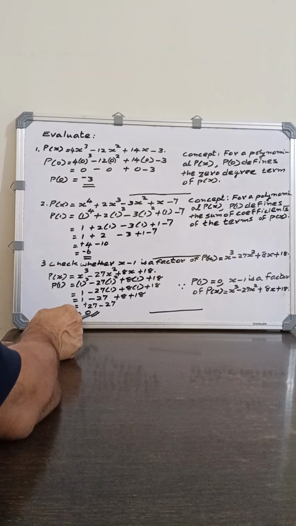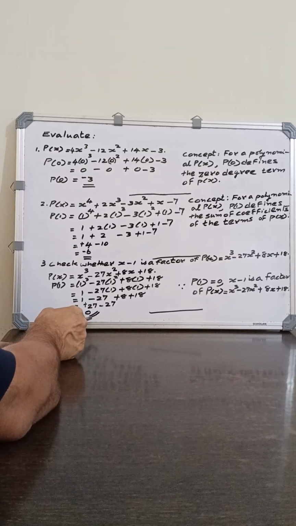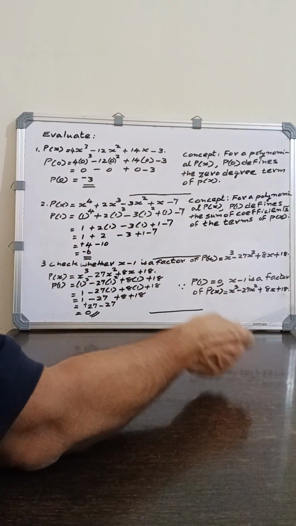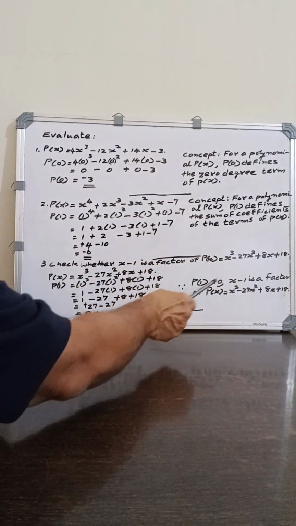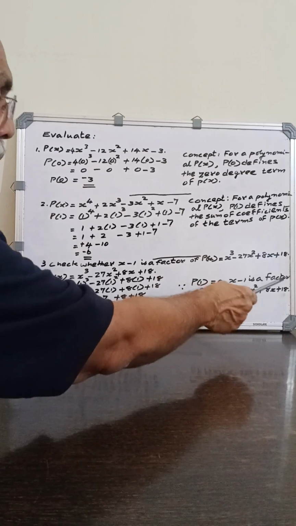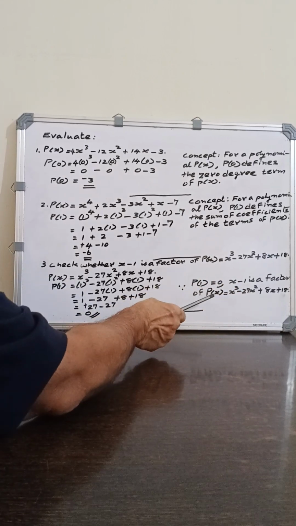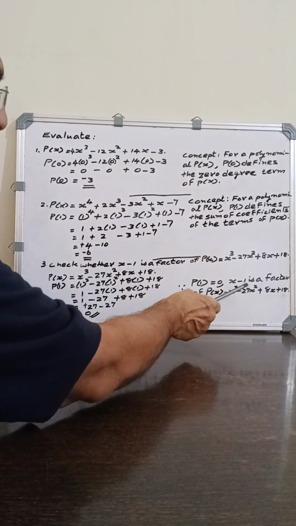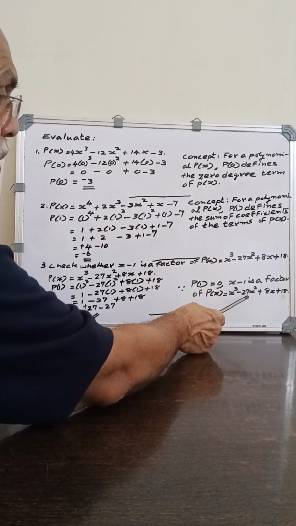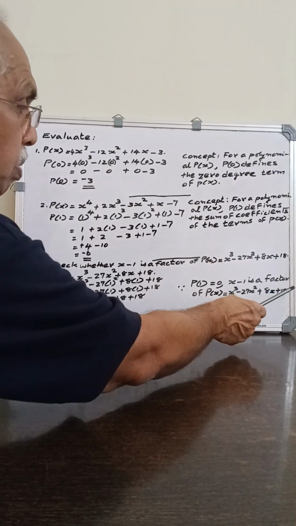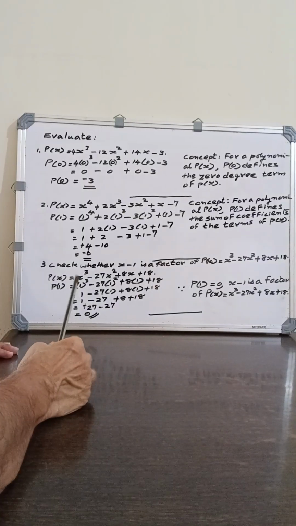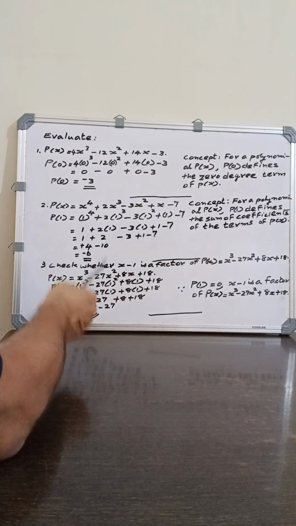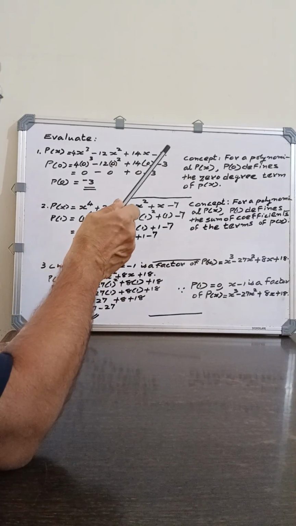P of 1 equals 0. From this we can conclude that P of 1 equals 0. Therefore, x minus 1 is a factor of P of x equals x cubed minus 27x squared plus 8x plus 18. That is, we can establish that x minus 1 is a factor.